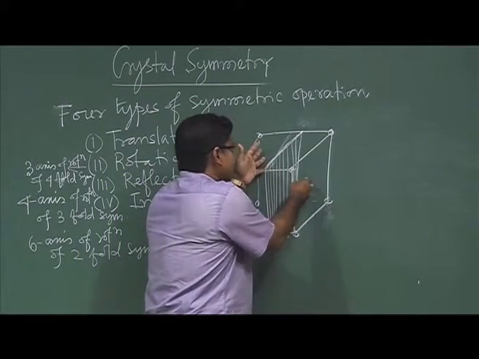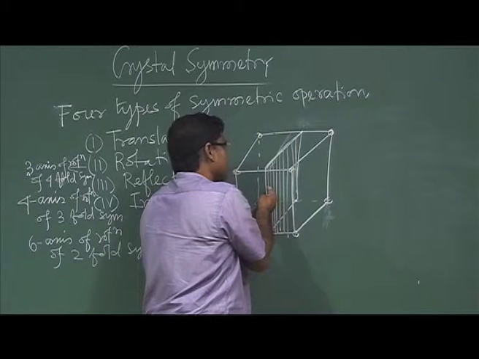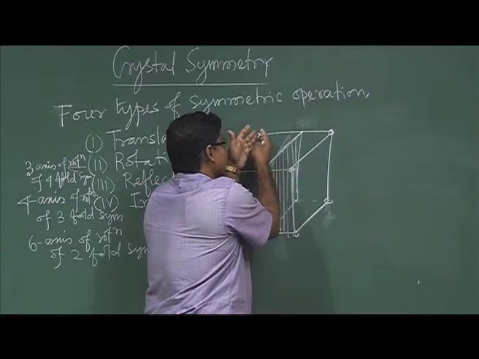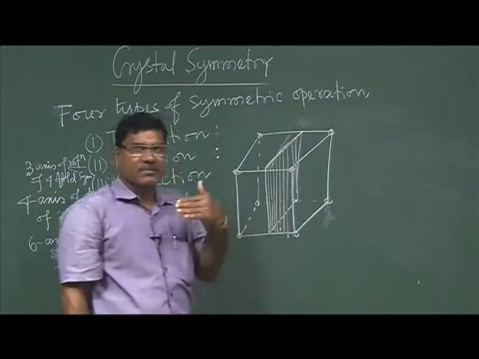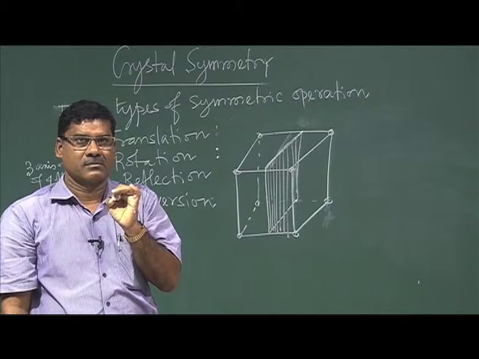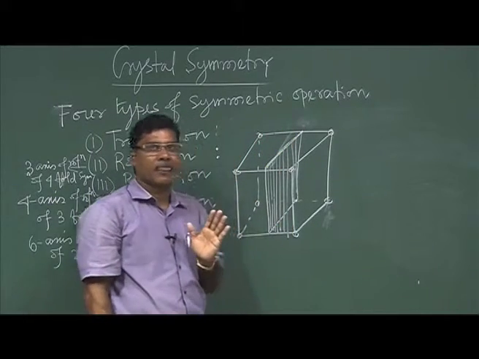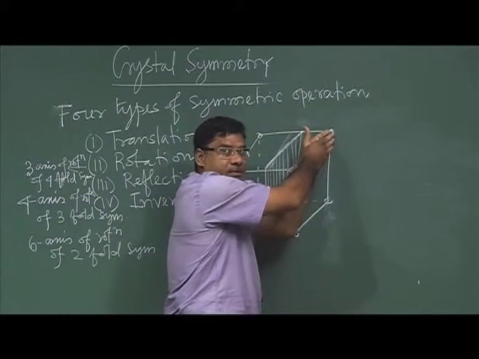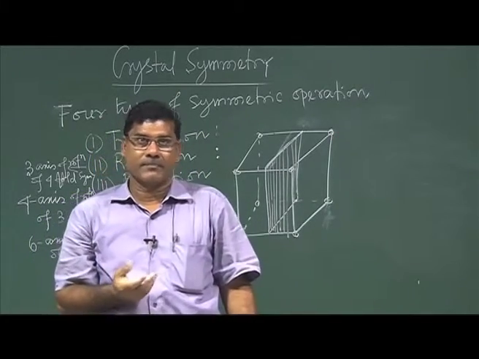So, what does it mean? I have taken a cube, and the cube has this type of lattice point arrangement. I have taken one mirror plane and I am saying that this point is equivalent to this point. If I say that the cube has reflection symmetry with respect to this kind of plane, then from this information itself I can find out the positions of the lattice points, the positions of the atoms.